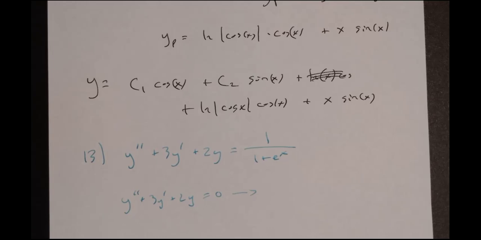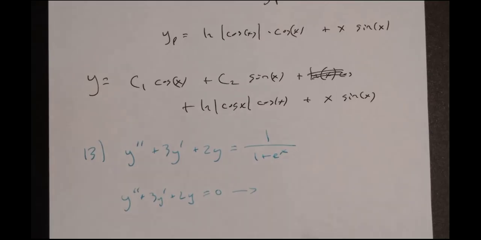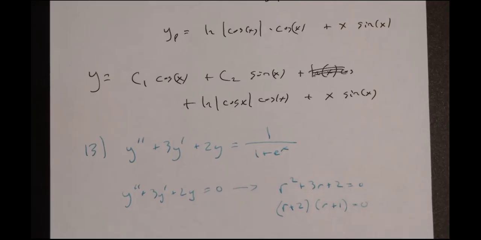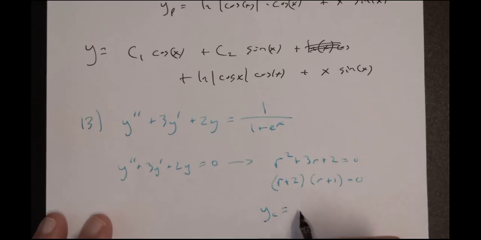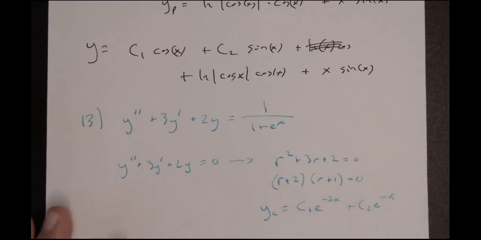I need my auxiliary equation, and I need the roots of it to get the corresponding homogeneous solution. So my roots are -2 and -1. So I get the complementary solution is C1 e to the -2x plus C2 e to the -x. I don't care which order you put those in, it doesn't matter to me. If you wrote it R plus 1, R plus 2, you'll have them in the other order. Big deal.